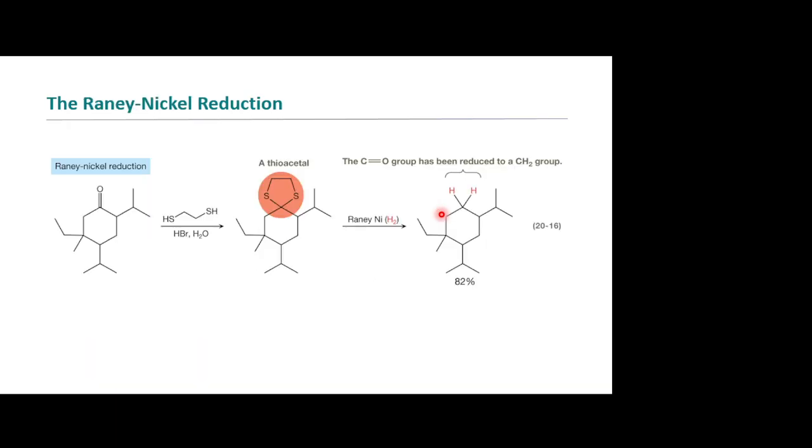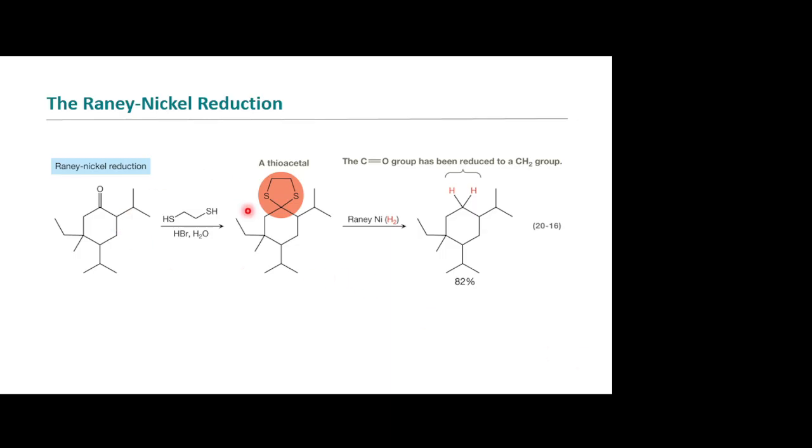This right here is the Raney nickel reduction, actually. So this is going to be reducing the carbonyl right here, first to a thioacetal, and then you're going to reduce it further with Raney nickel, which is in hydrogen, down to the methylene right here, the carbon with 2 hydrogens.